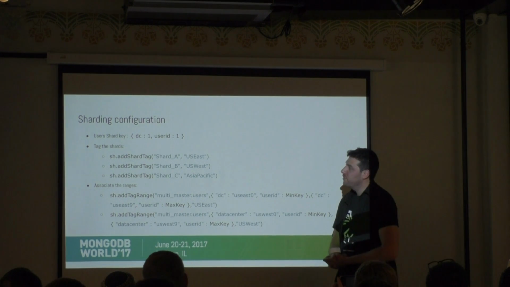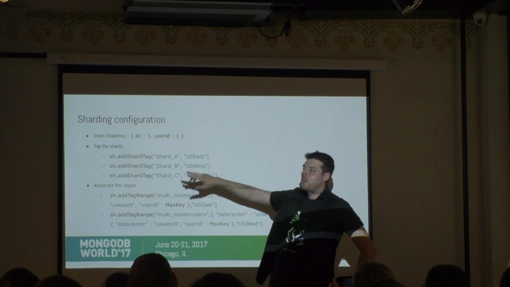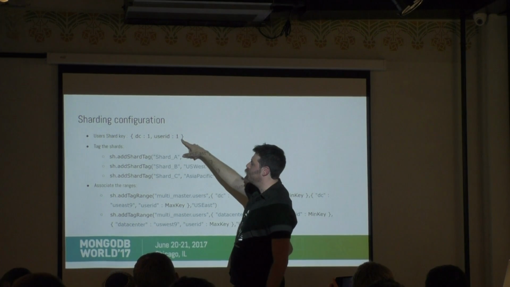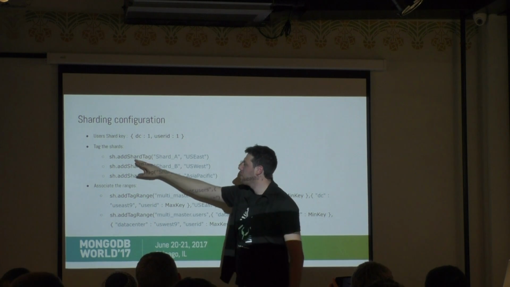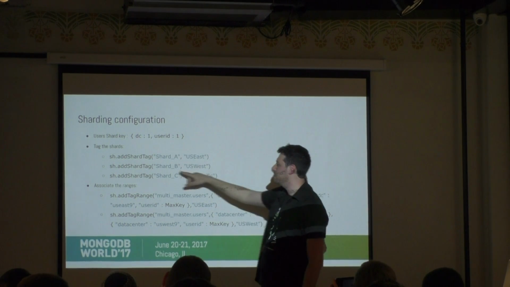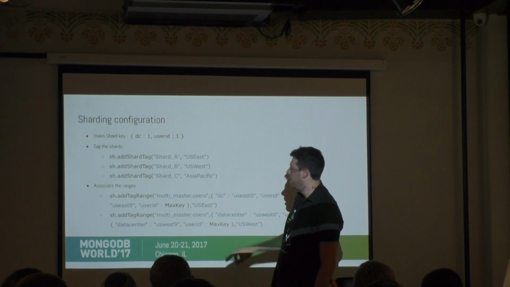Okay, so sharding configurations. Let's say we have a users collection. So we're going to have a sharding key named DC and user ID. We're going to tag the shards. We're going to say shard A is US East, shard B is US West, shard C belongs to Asia Pacific.